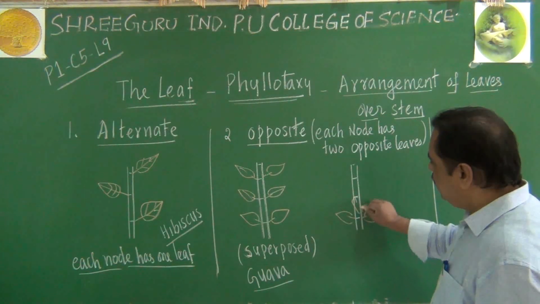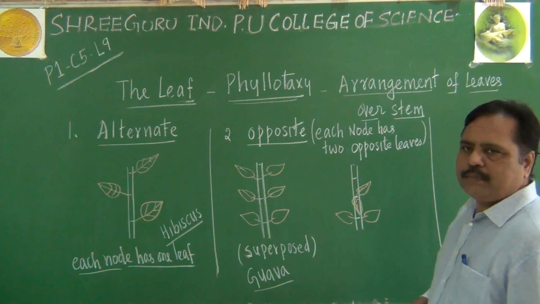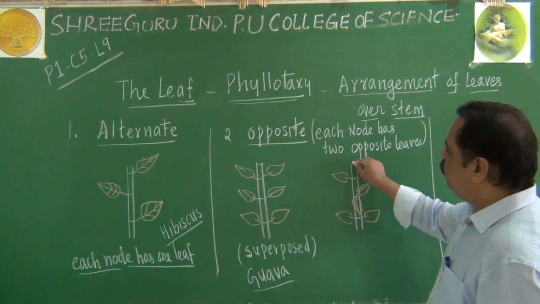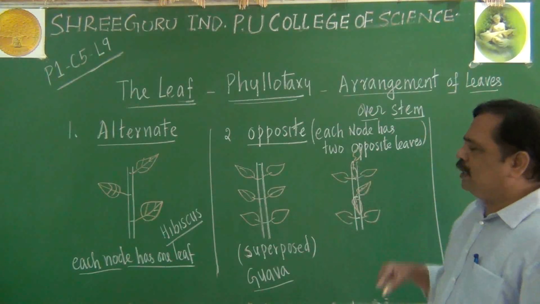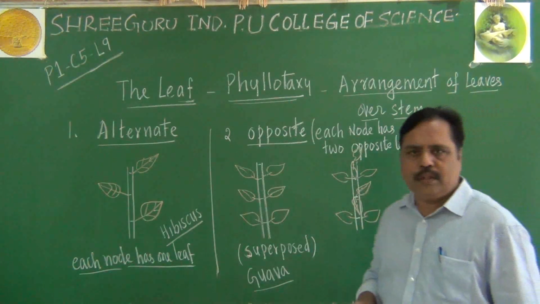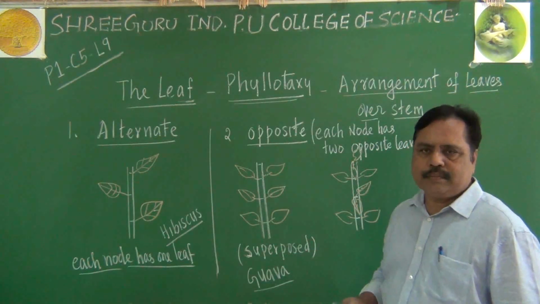Do you get my point? Here one leaf, that side another leaf, like this. Again third node, east and west. Fourth node, north and south. Like this, they are in different direction. Do you understand the difference between these two? Here the leaves will be facing the same direction at one side.